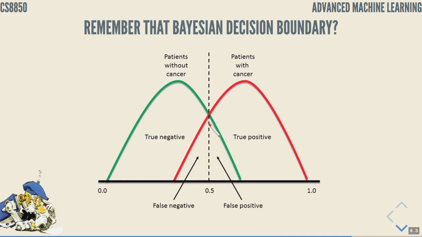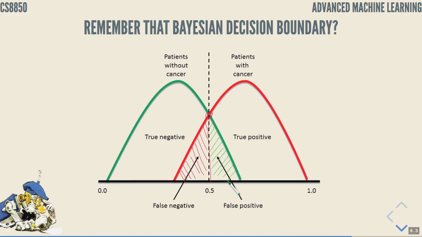Any patient on the left will be predicted as negative, as no cancer, and any patient on the right will be predicted as having cancer. So overall risk is minimized by having this Bayesian decision boundary.